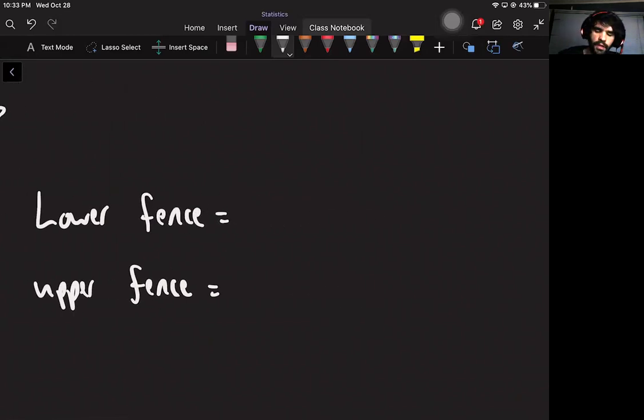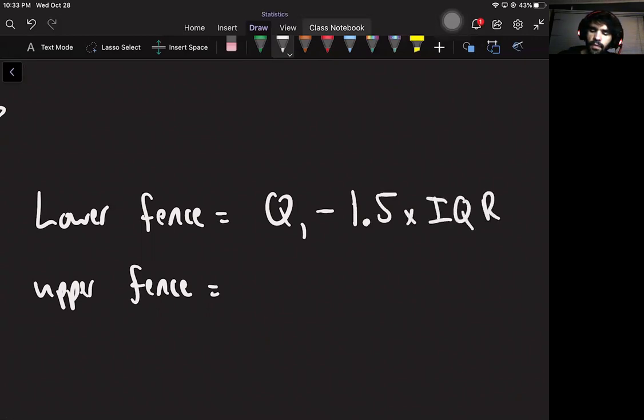The lower fence comes from saying, okay, Q1 is pretty far to the left, but my outliers can go a bit further. How much further? Well, this is a bit subjective, but somebody decided a long time ago that 1.5 times your IQR is too far. If you go past that, then you're an outlier.